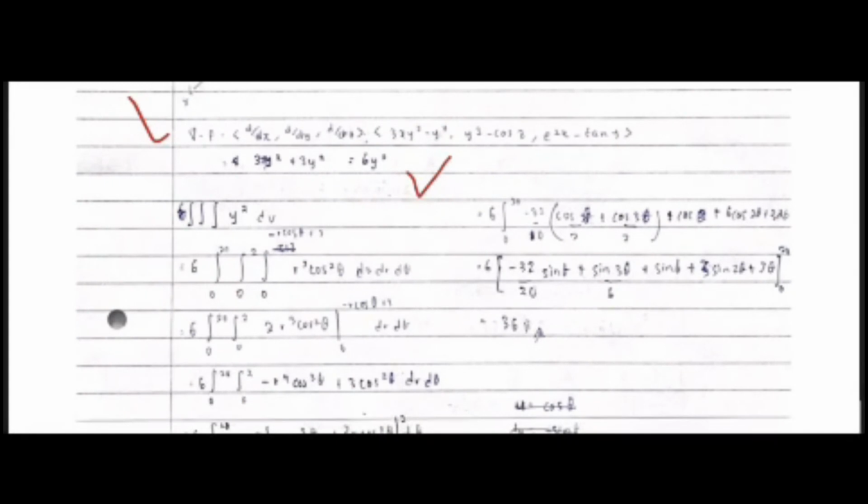Next, we just integrate 6y square dV. So dV, we change it to dz dr d theta, so we can easily integrate the equation.